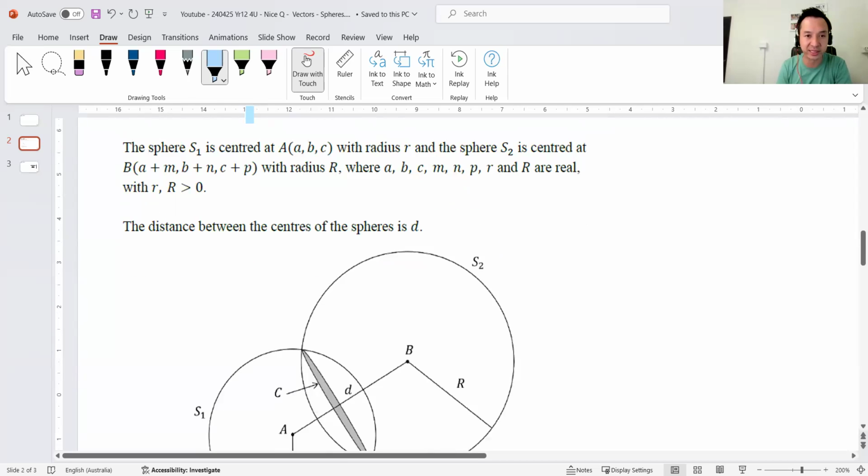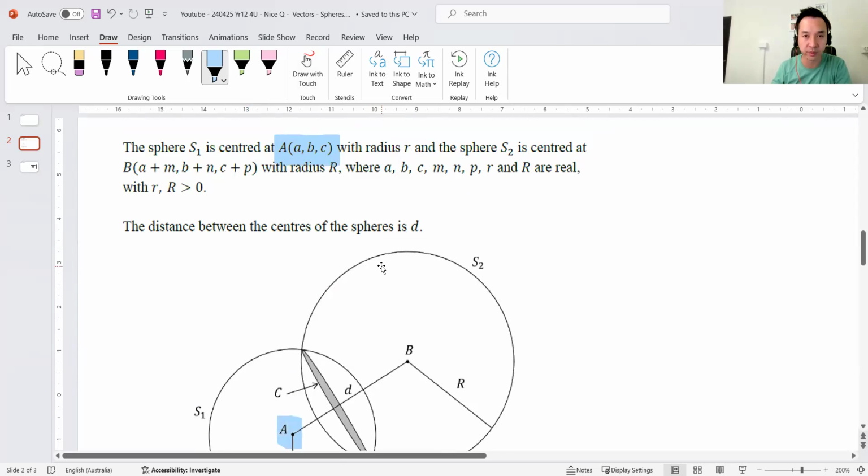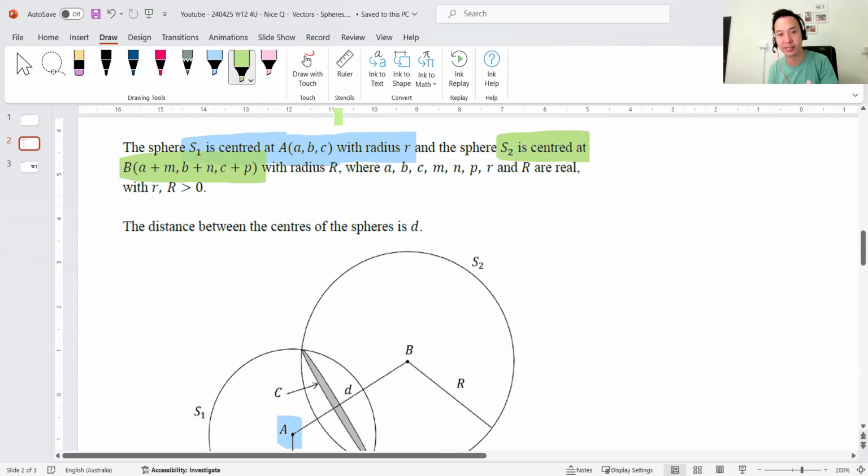Sphere 1 is centered at A, so the center there is (a, b, c), with radius r. Sphere 2 is centered at B, which is (a + m, b + n, c + p), with a radius of capital R. Everything's real, and R is greater than 0.